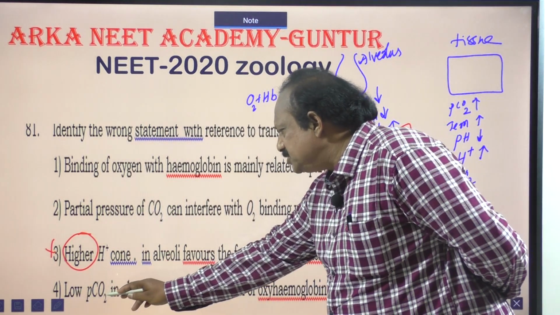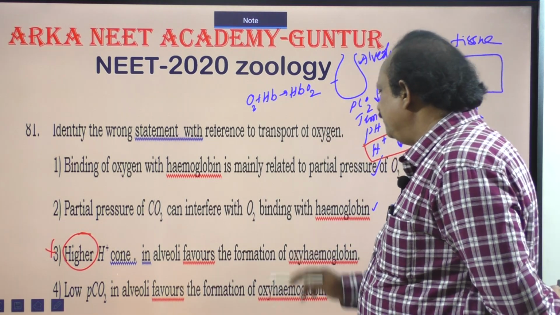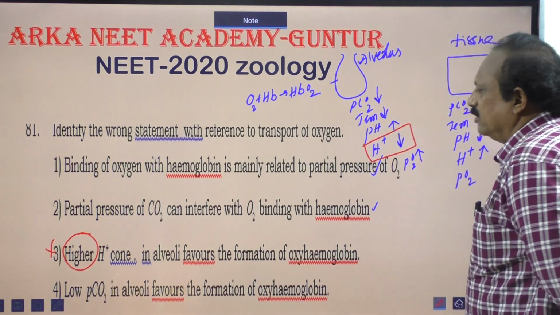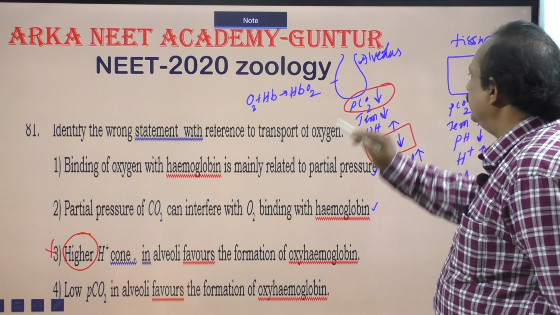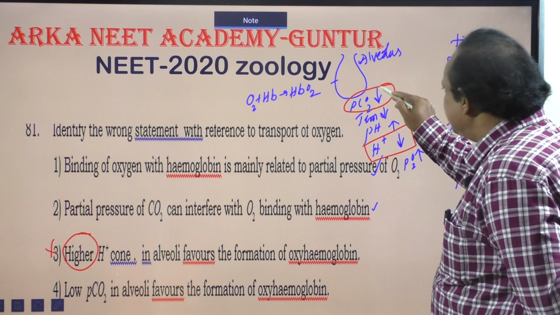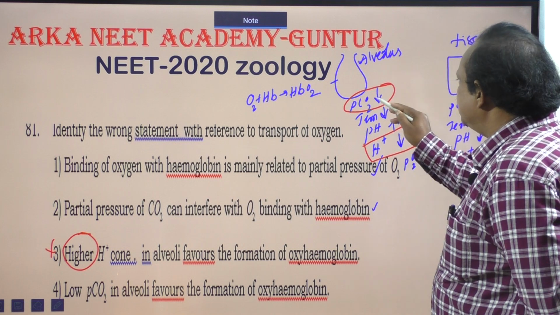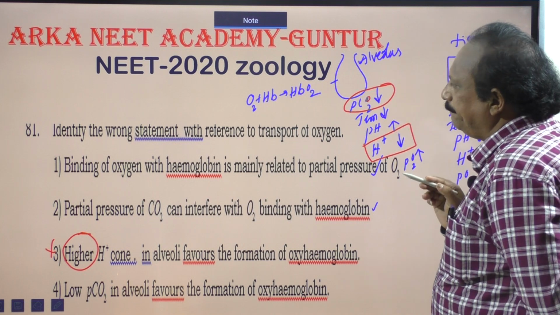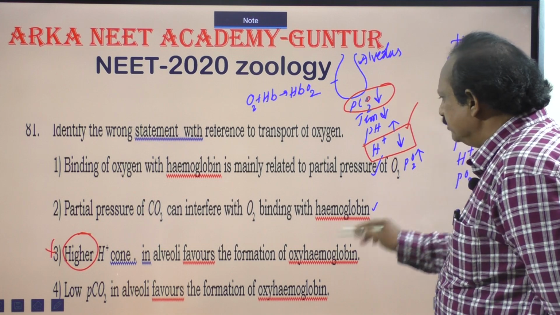Low partial pressure of carbon dioxide in alveoli favors the formation of oxyhemoglobin. Here oxygen partial pressure is high, and partial pressure of carbon dioxide is low. That favors the formation of oxyhemoglobin. Therefore, this point is related to this.